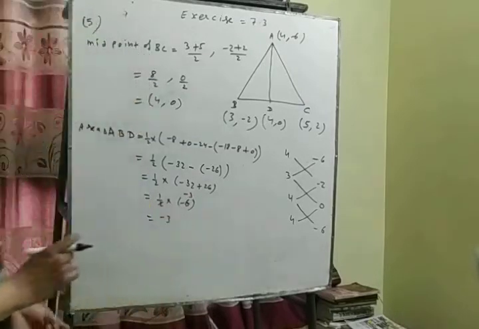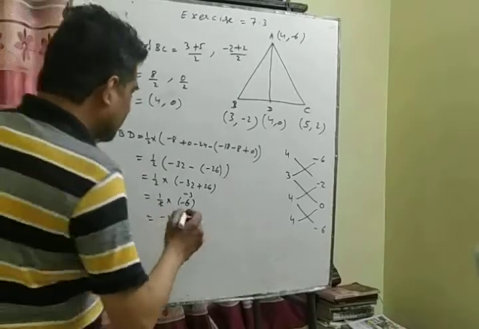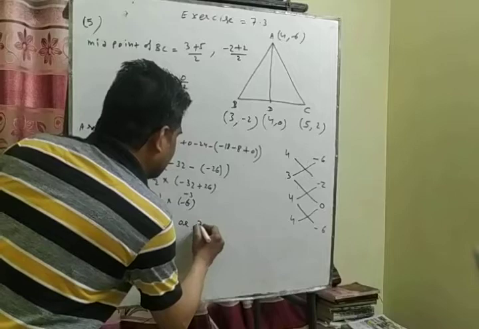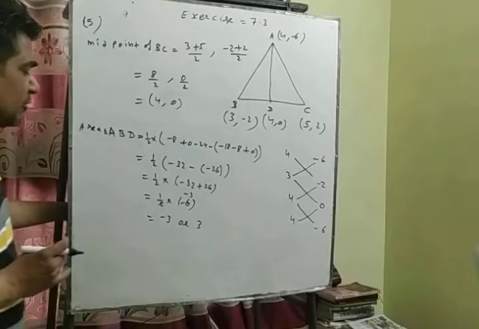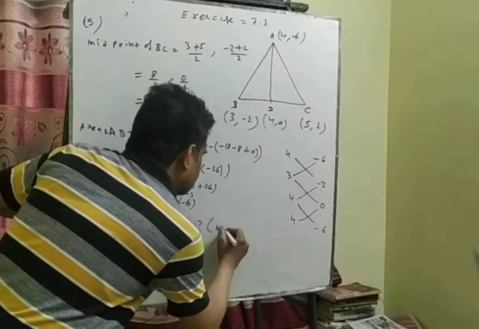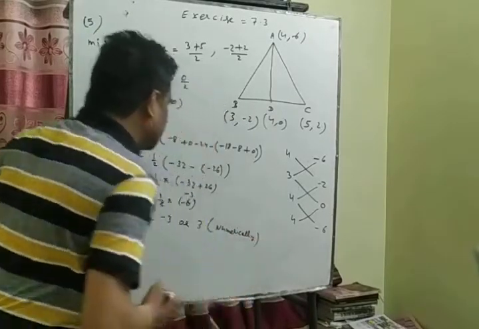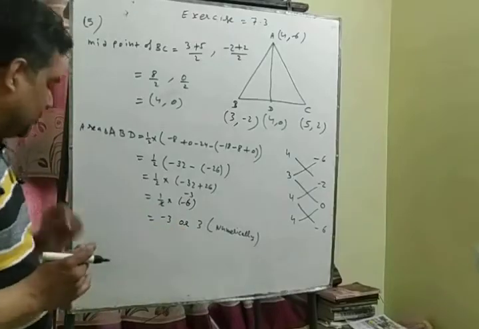But the area of triangle can't be negative, so we write area positive, numerically 3. Area of this triangle is 3.